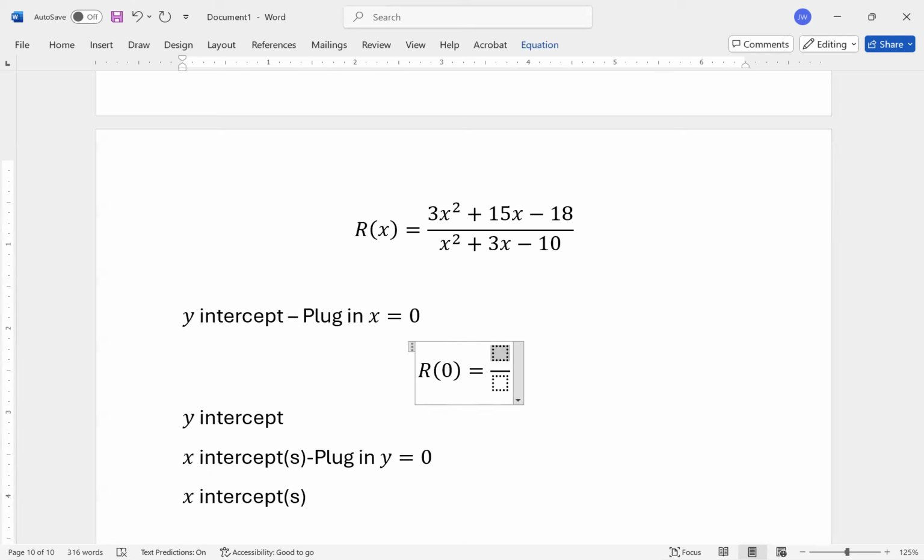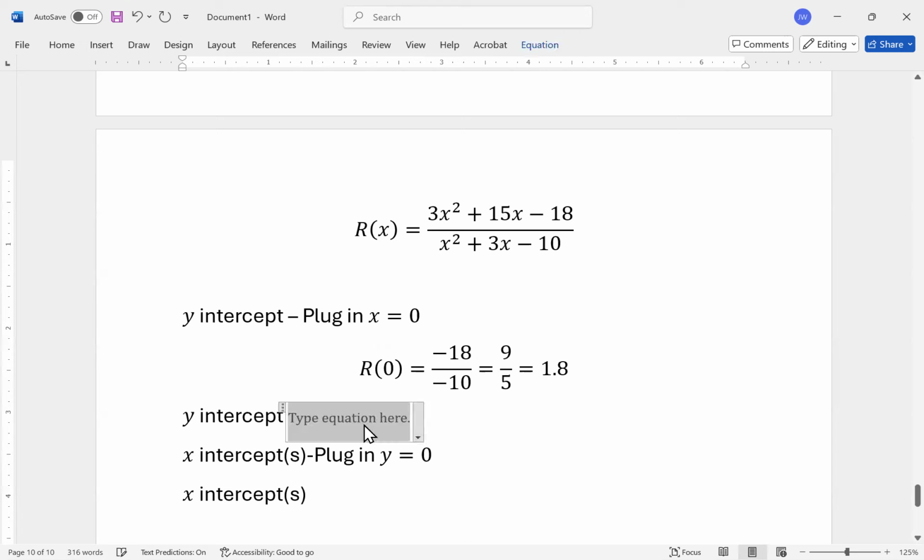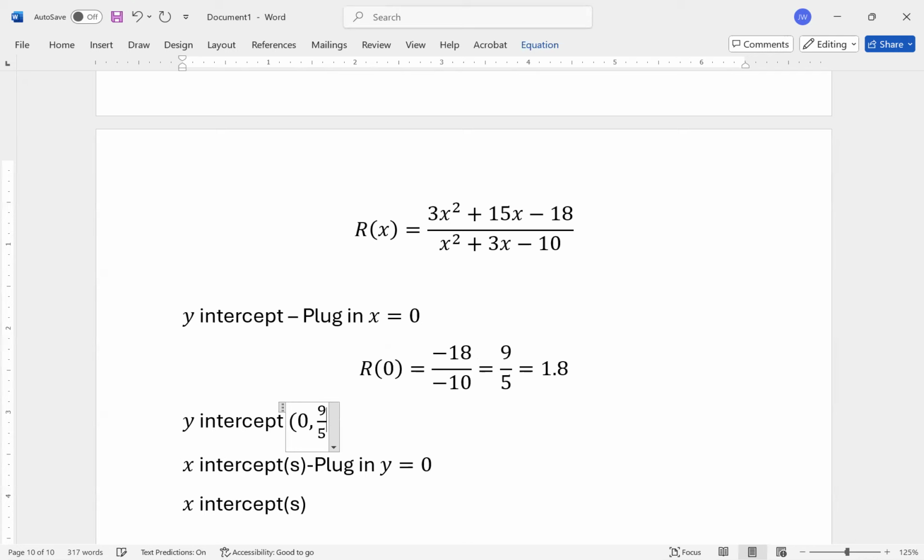In this case, I would get -18 divided by -10, which is 1.8, or as a fraction, 9/5. Whichever way we'd like to write that is fine. So my y-intercept is the point 0, 9/5.